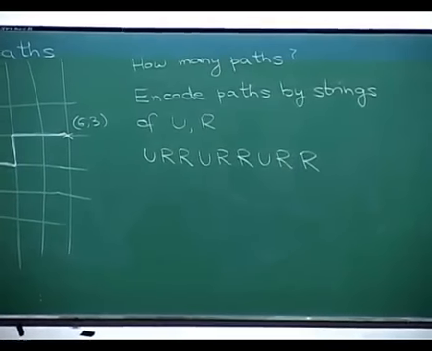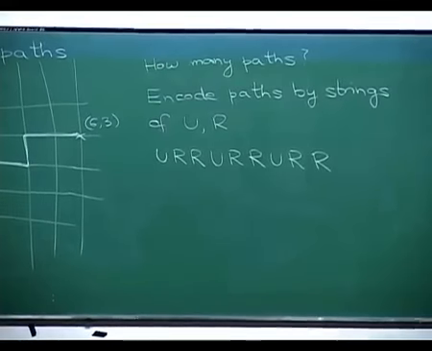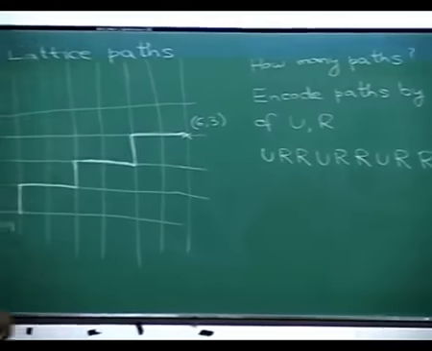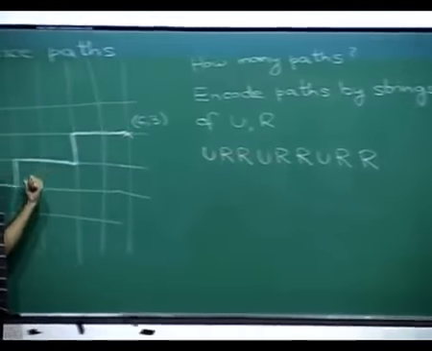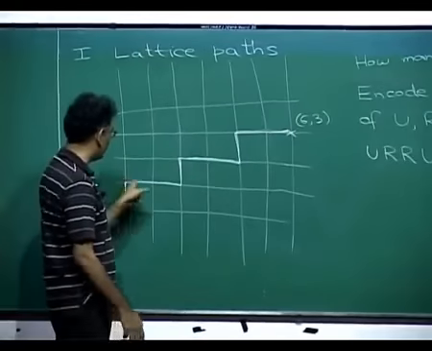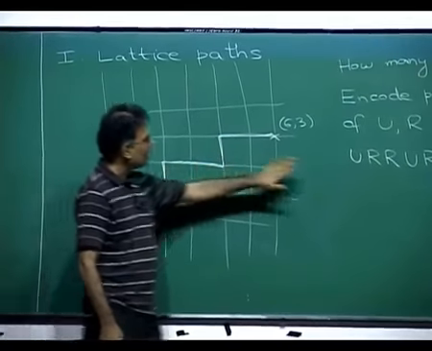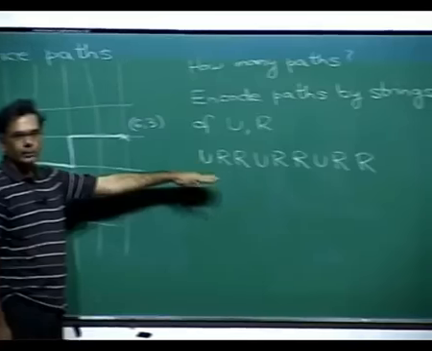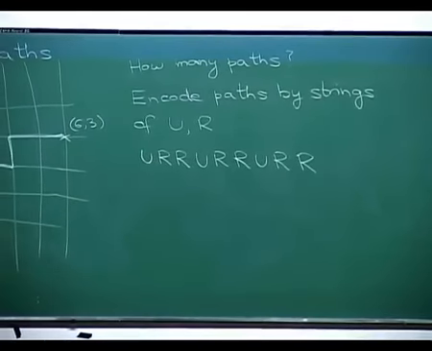Any path will be encoded by one such string. Essentially counting the number of paths means counting these strings. Once you have the string, you also have the corresponding path by following what it says. So we have changed the counting problem to counting strings, which is a bit easier to do.